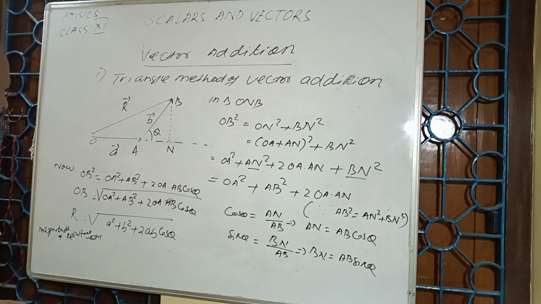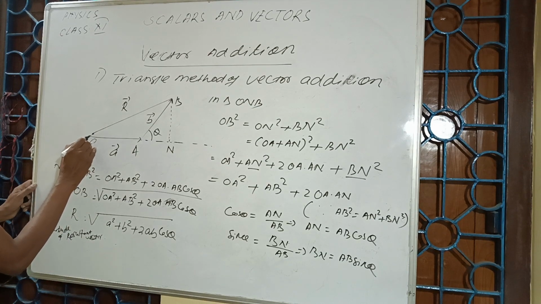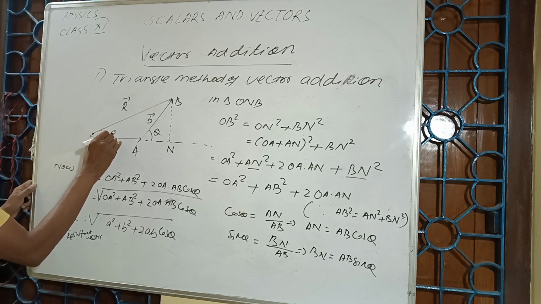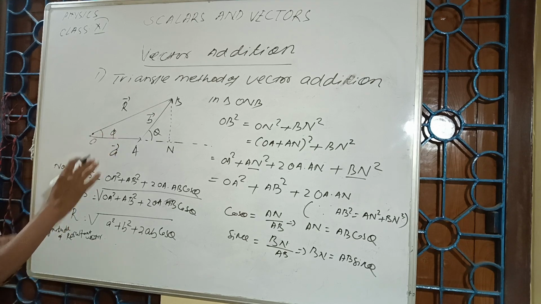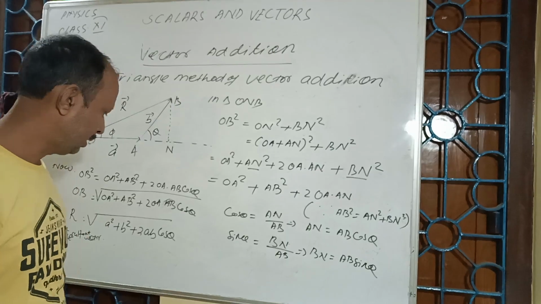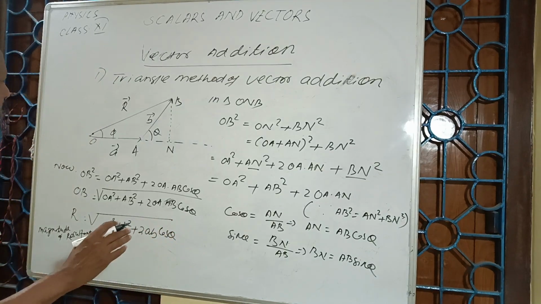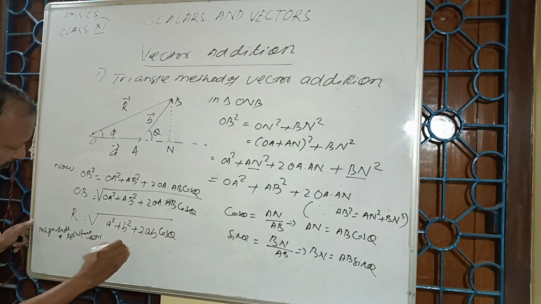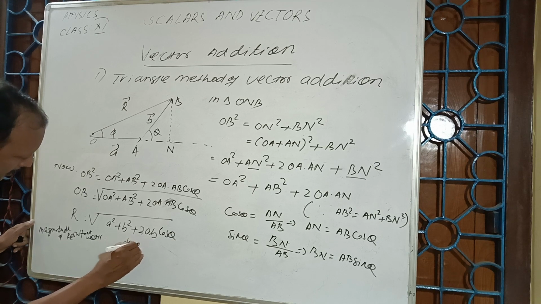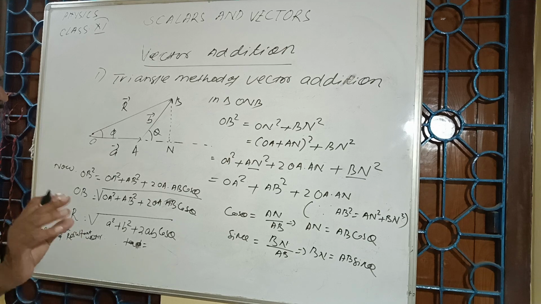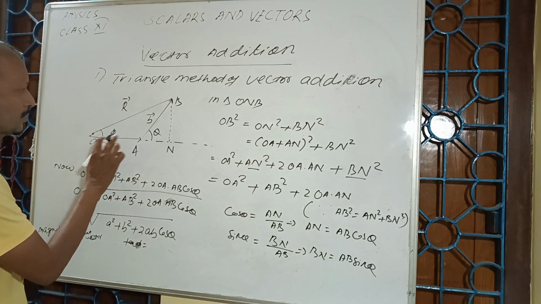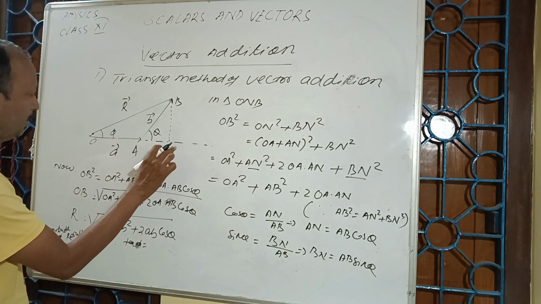Then what about its direction? Now we'll see about its direction. Let this angle be phi. Then tan phi is equal to P by B, that means BN by ON.